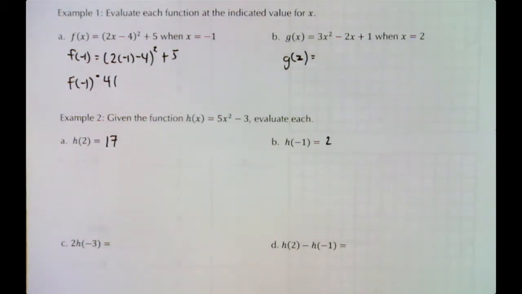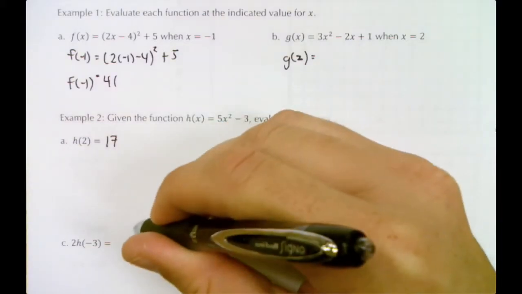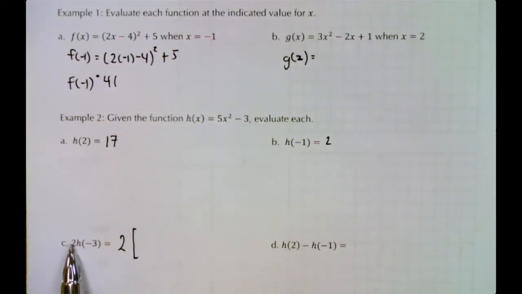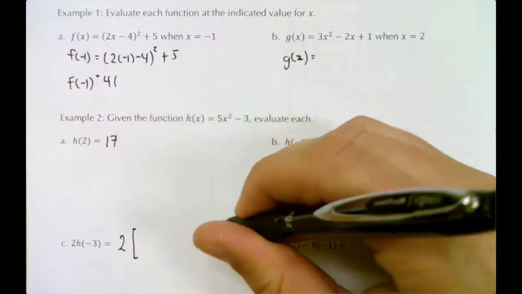I want to focus on C and D because they look a little different. C says 2h of negative 3. What does this mean? Well, this means that we want to evaluate h of negative 3 and then multiply the answer by 2. So I'm going to create a big square bracket, and I'm going to put the 2 in front. 2 times whatever h of negative 3 is.